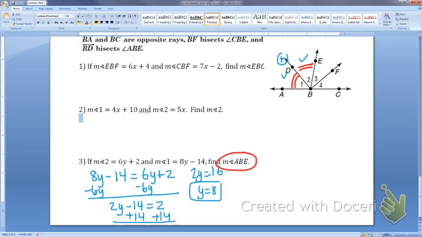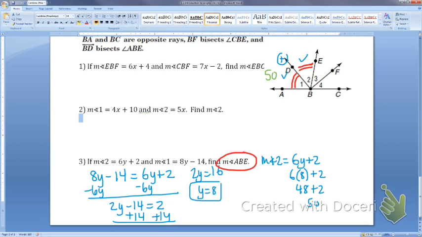So we find out that angle 1 or 2, it doesn't matter which one to start with. Maybe let's start with angle 2 because it's an addition problem, so that's going to be a little bit easier. 6y plus 2, but instead of y, I put in 8. So 48 plus 2 is 50. So that means that this angle up here, measure of angle 1, is 50.